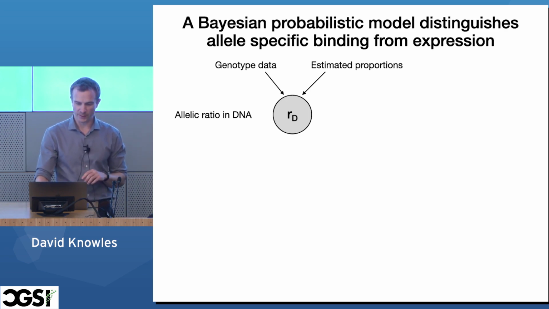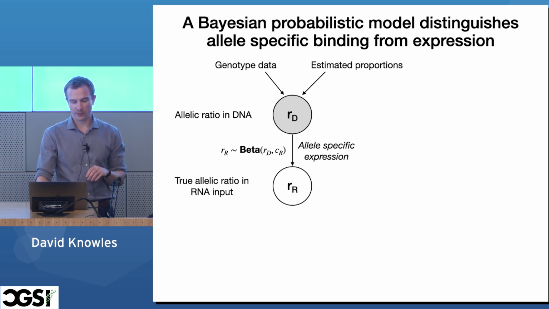So the way this works is to take those betas, those estimated proportions of each individual in the pool that I told you about, and our genotyping data. And for each individual, that gives us what we think is quite an accurate prediction of the allelic ratio at the DNA level. Then the allelic ratio at the RNA level is going to be similar to that, but it could be a bit different because of allele-specific expression effects.